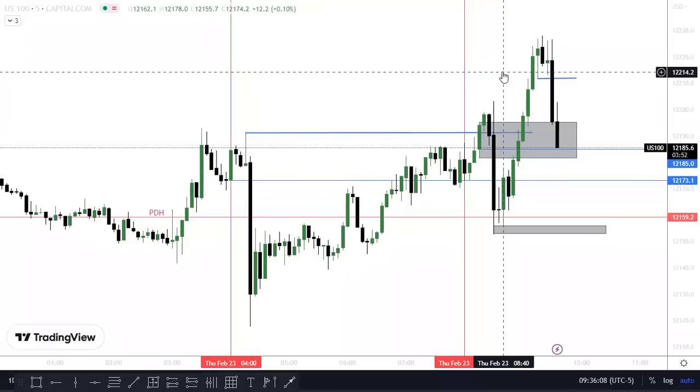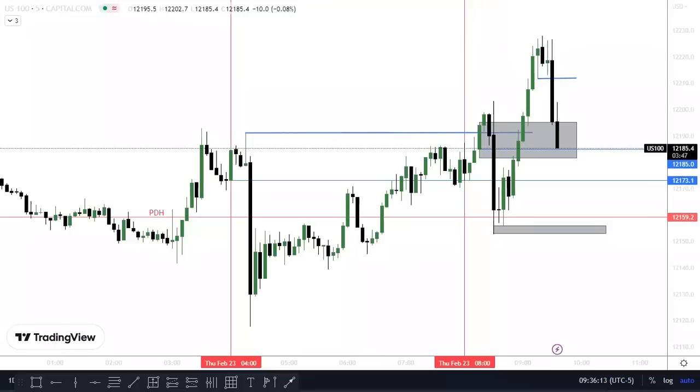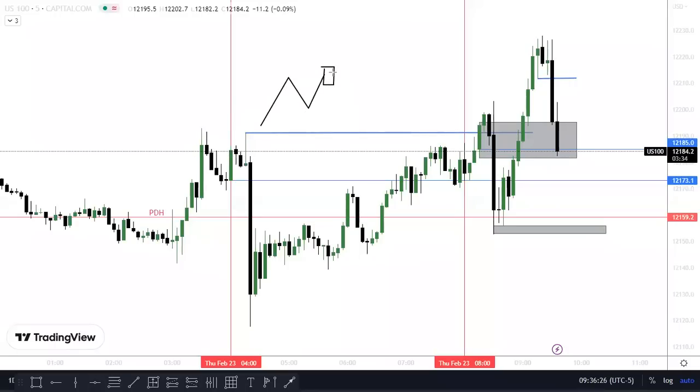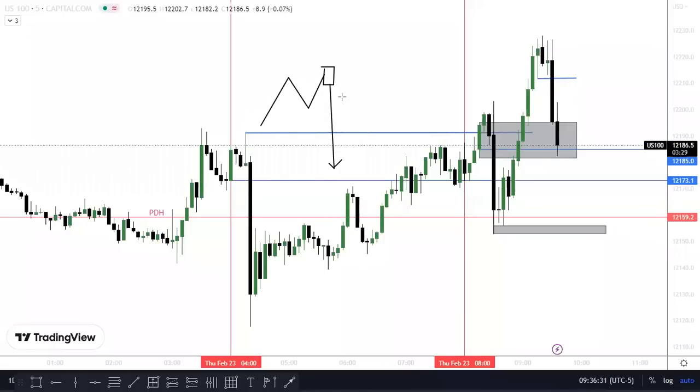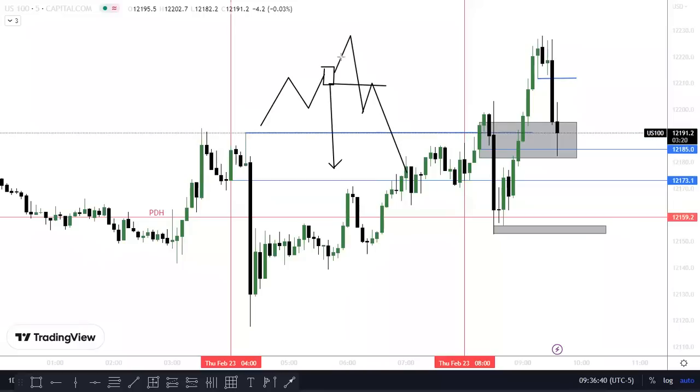Let me clarify what a reclaimed order block looks like. A reclaimed order block looks like this. One sec, let me grab the drawing tools. Let's say you have a high and an order block forms right there, and you expect price to fall like this, but there is no market structure shift. So what happens is it gets raided, then we trade below, and it reclaims it, and it's almost as if all of this didn't happen.